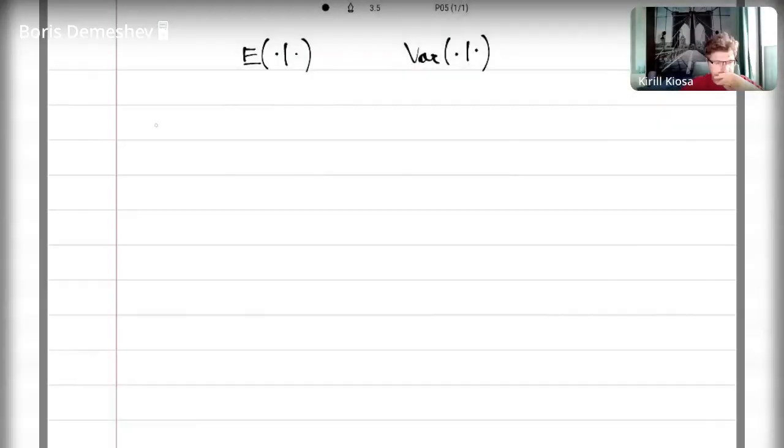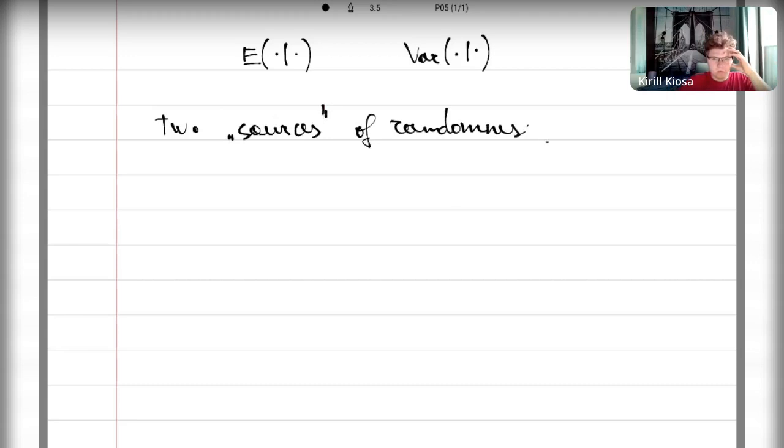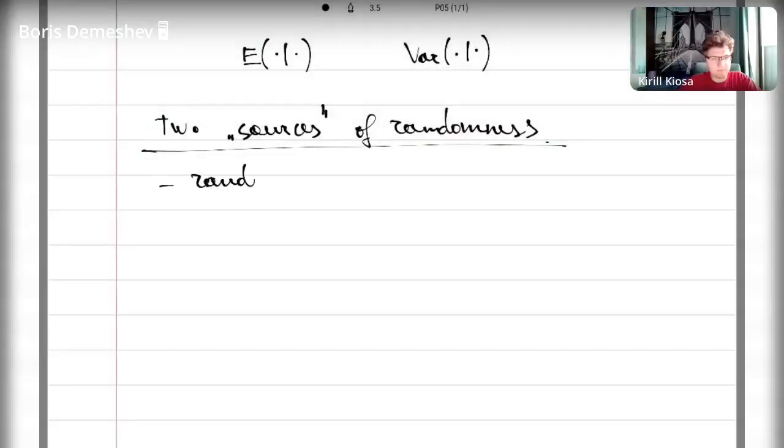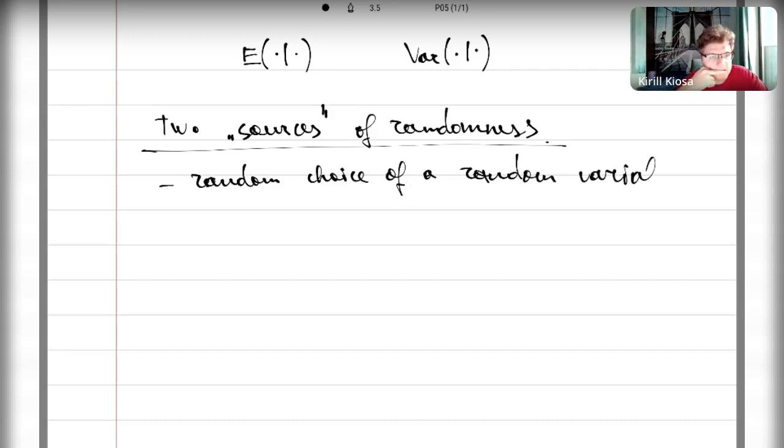They like to introduce many sources of randomness in the problem. Basically, there are two sources of randomness they like to introduce in exam questions. The first one is random choice of a random variable.